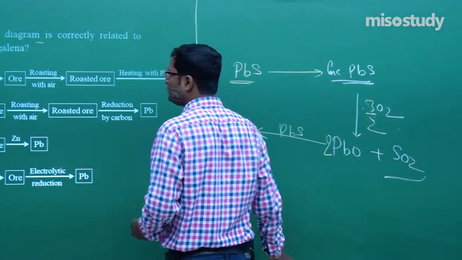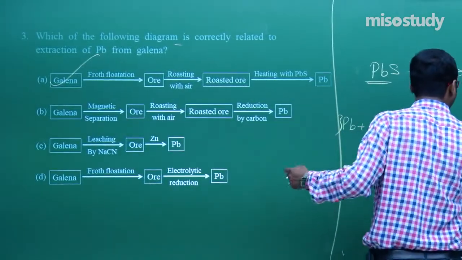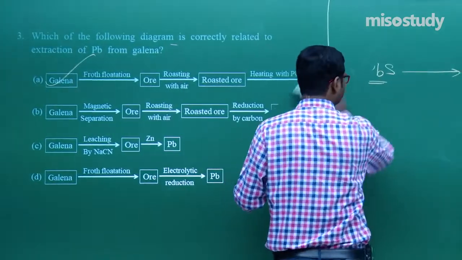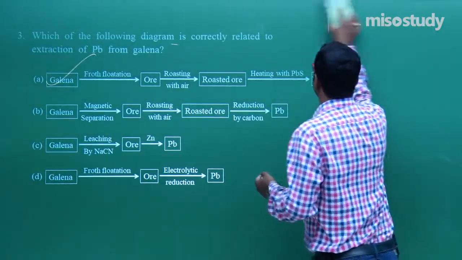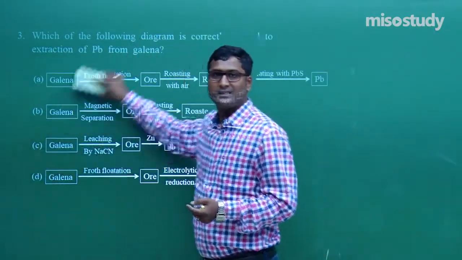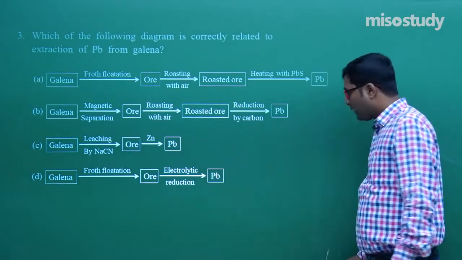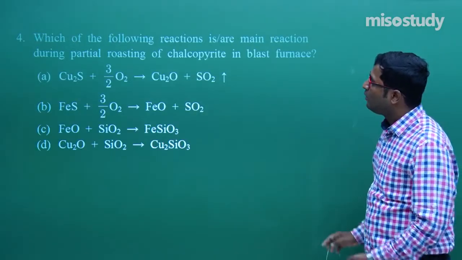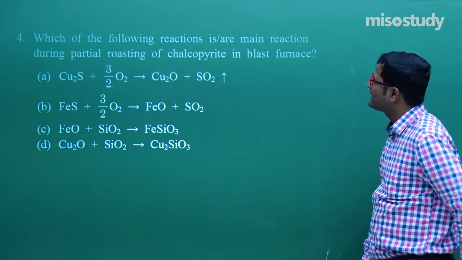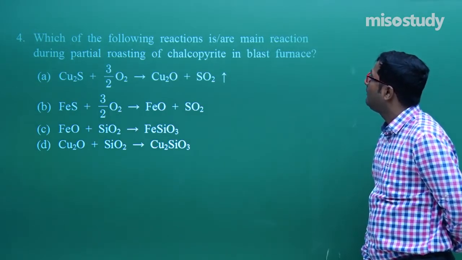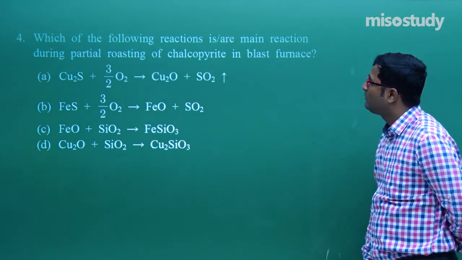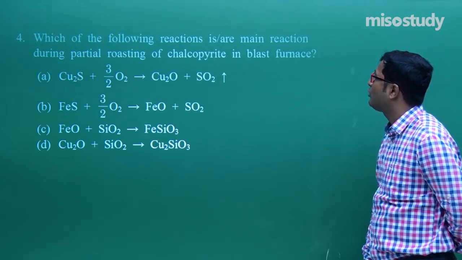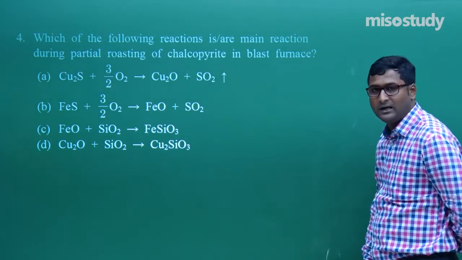Now let's move to the next question. What is the next question? Listen carefully to what I'm telling. Now the next question is: which of the following reactions are the main reactions during partial roasting of chalcopyrite in a blast furnace?